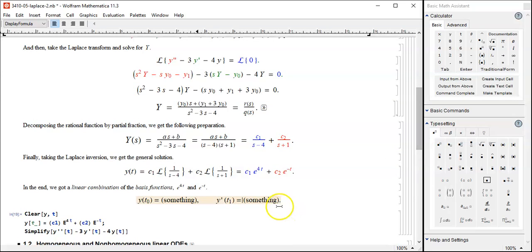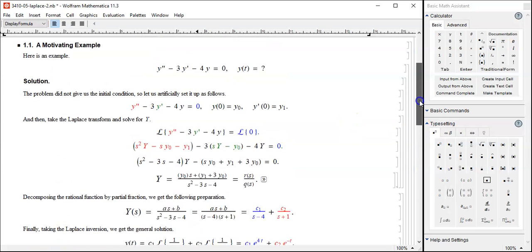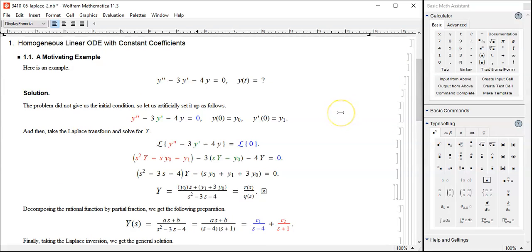This way, you can handle any kind of initial conditions here. These do not have to be zeros. In the previous lesson, in lesson 4, we had to have y of 0 and y prime of 0, y double prime of 0, and so on, because we need those for the input derivative rules here and there.